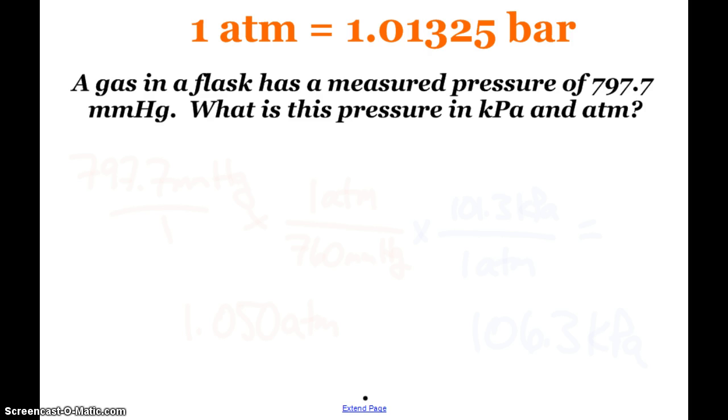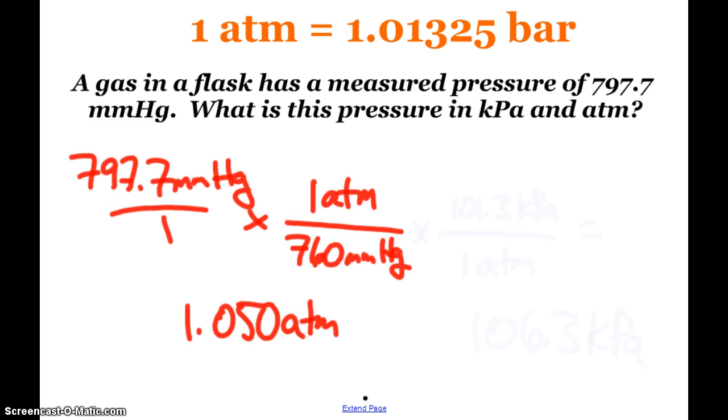So here it says a gas in a flask has a measured pressure of 797.7 millimeters of mercury. What is this pressure in kilopascals and atmospheres? Well, the first thing we know is that there are 760 millimeters of mercury in 1 atmosphere. So that conversion gets us to 1.050 atmospheres.